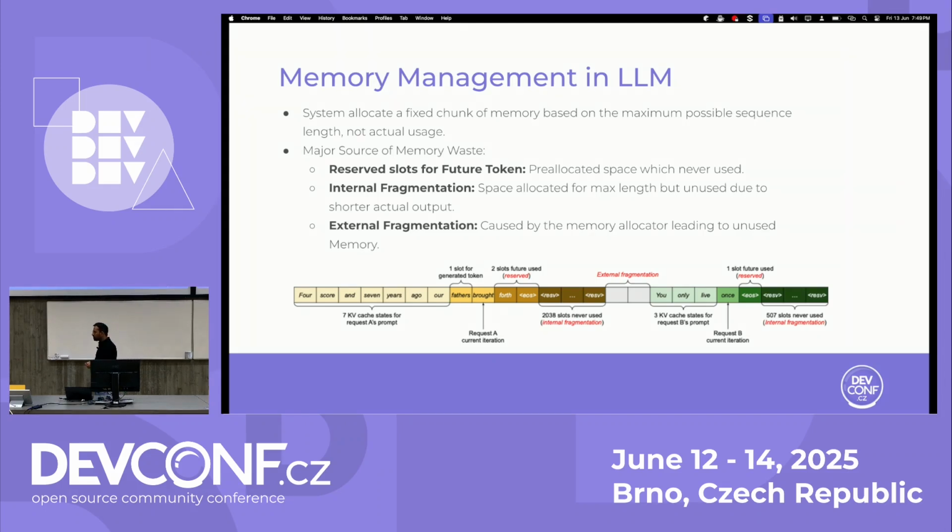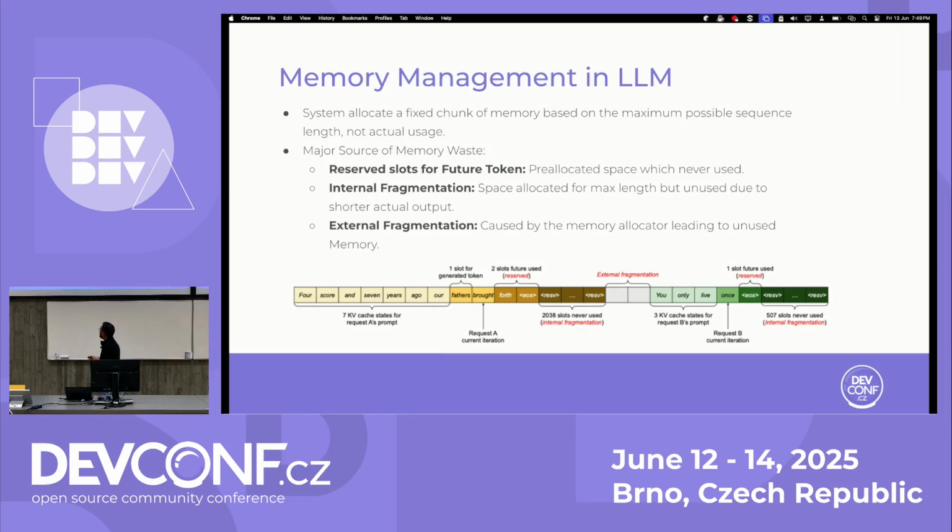You can see there are three major sources of fragmentation. One is internal fragmentation, the other is external, and there is some space which is kept for future purposes as well. So you can see this is the request. If you see, the user has only given 7 tokens to the system, but the system assigned 2048 slots of memory to that particular request.